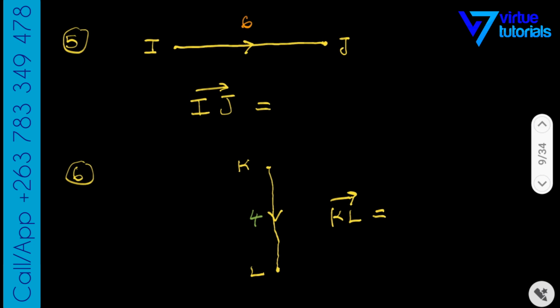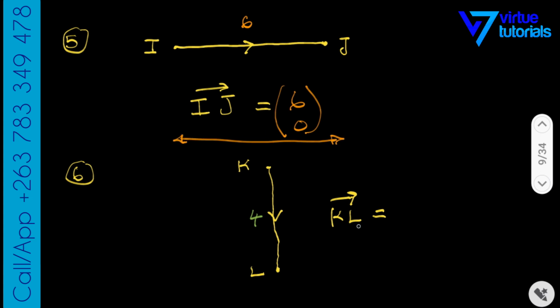Okay, last we have this vector here, IJ. IJ consists of movement only in the x direction. There's no movement up or down, so there's no movement in the y direction. So for the x direction, we're moving 6 steps right, and then there's no movement in the y direction, so we just put a 0 for the y direction. Our IJ is the vector 6, 0.